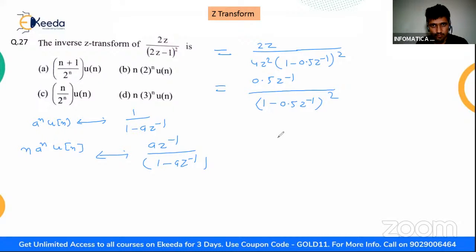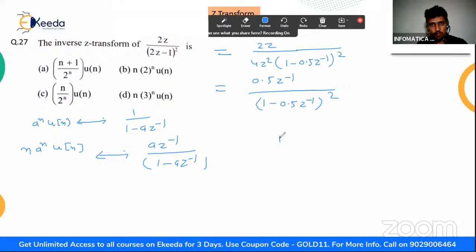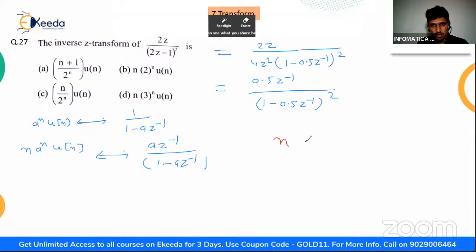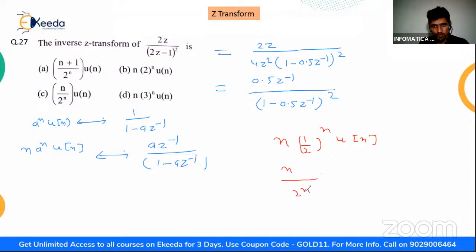0.5. And the value of a is half, so a raised to the power n u[n], which we can simply write as n, and this is 2 raised to the power minus n u[n].